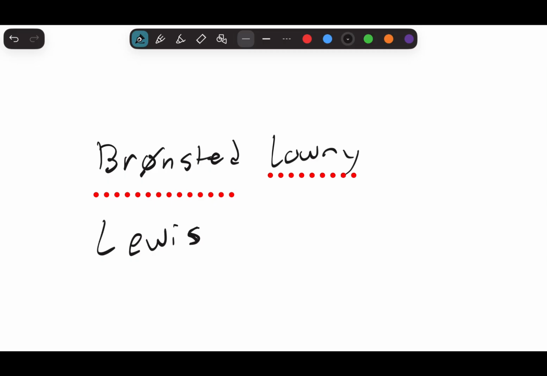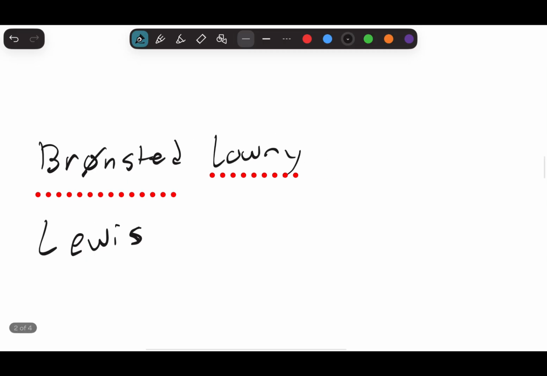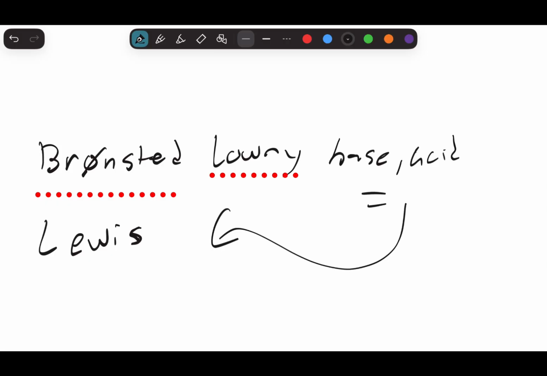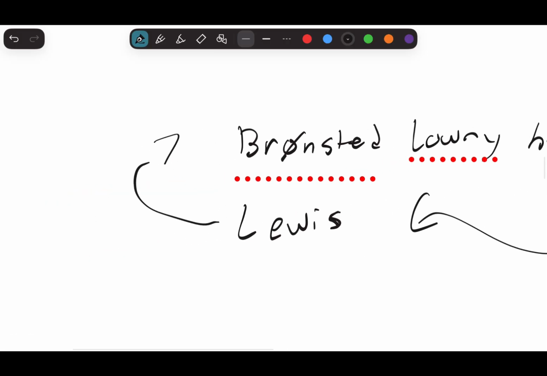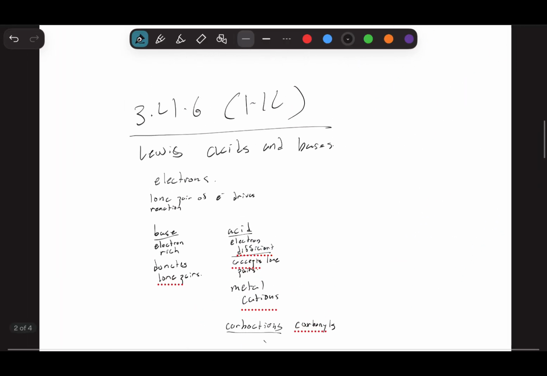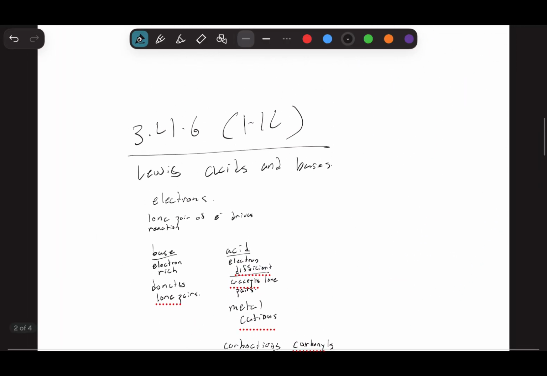A Bronsted-Lowry base equals a Lewis base, but not all Lewis bases and acids equal a Bronsted-Lowry acid or base. And yes, it's nucleophilic reactions, meaning that the nucleus is what attracts a reaction.